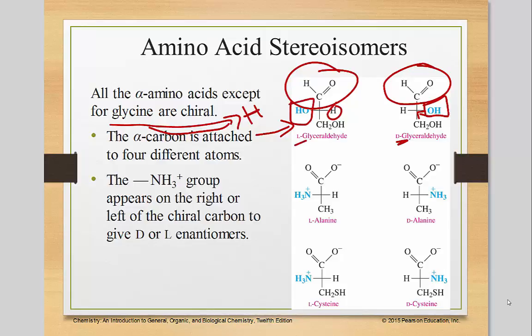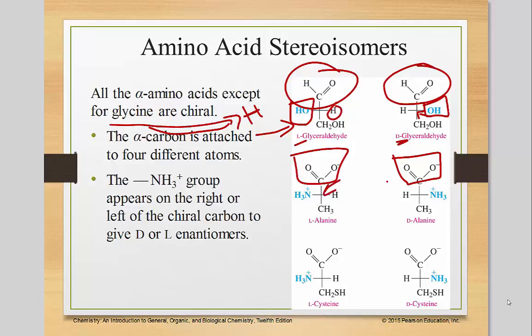We're going to do the exact same thing for the amino acids, except instead of having an aldehyde at the top, we have the carboxylate ion on the top. Because remember, the most electronegative thing, the most oxidized thing, goes on the top. Alright, so we look at the last chiral carbon, which is right here.